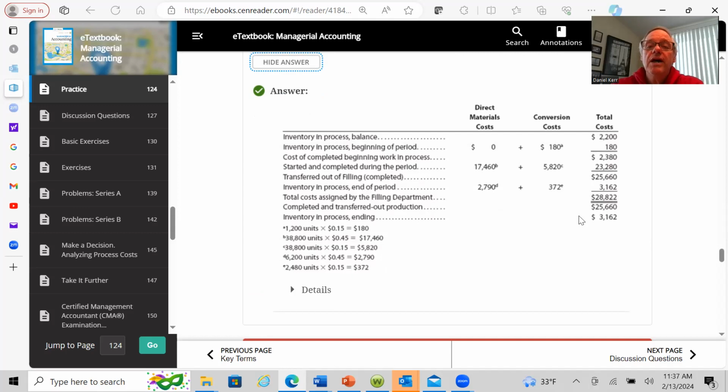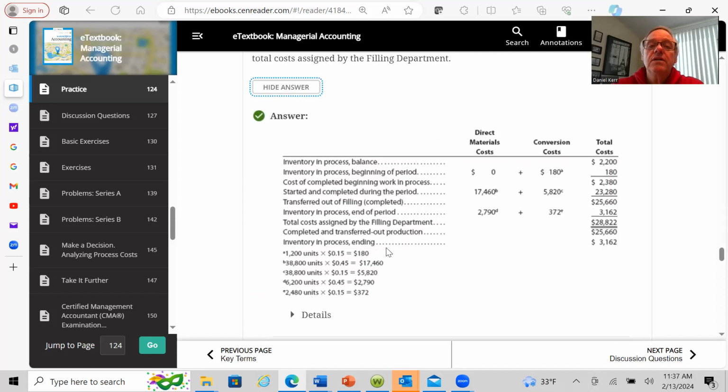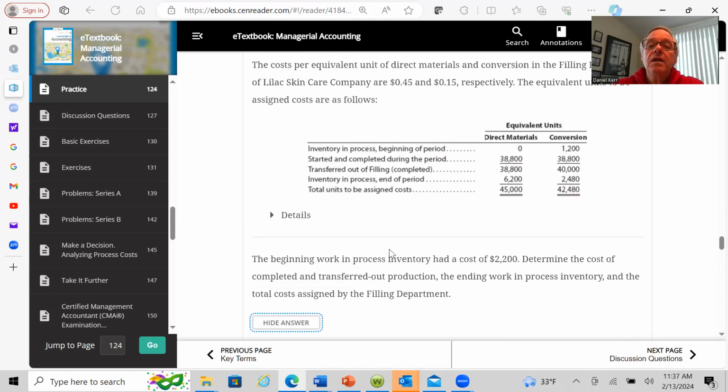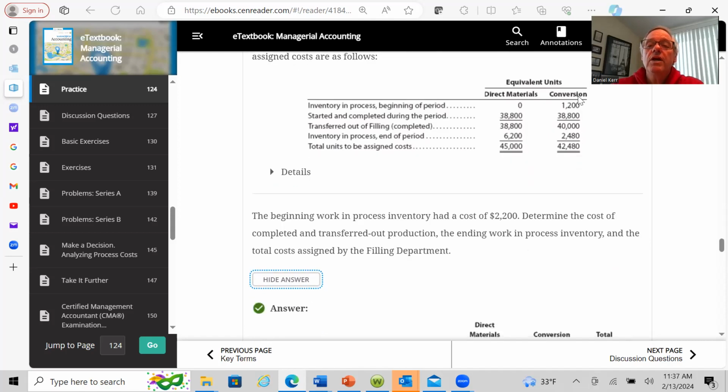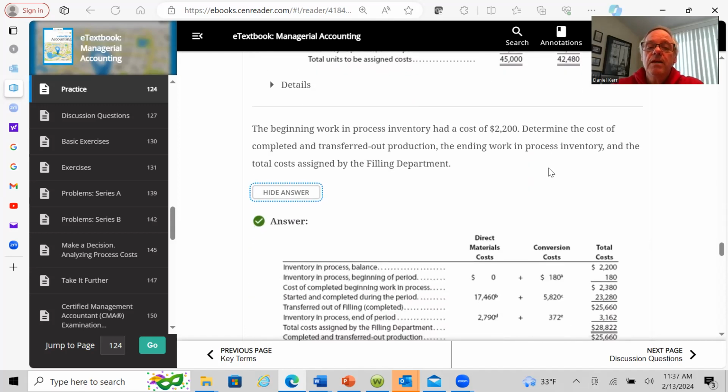So beginning work in process, we had $2,200 worth of costs. We added 1,200 units to those. Here are the equivalent units, 1,200. All the equivalent units are given right above here. So we added 1,200 in terms of conversion costs.